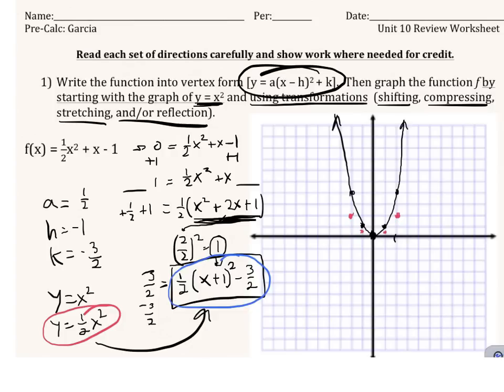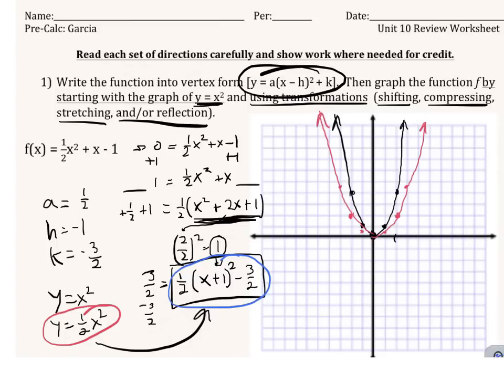When I plug in 3, I get 4.5. So what's happening here is that because of the 1/2, we're slowing our growth by half. And we're kind of widening the mouth of our parabola.